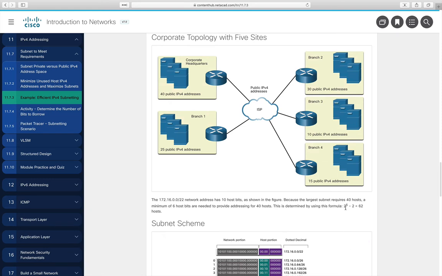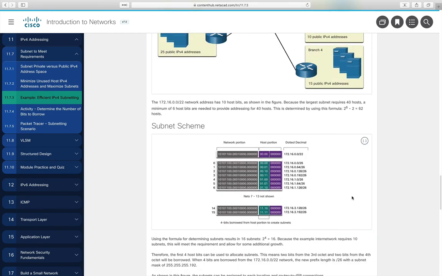And here they show you 2 to the 6 minus 2 is 62. So that's the closest that we can get. So what we're going to do is change the slash 22 to a slash 26.